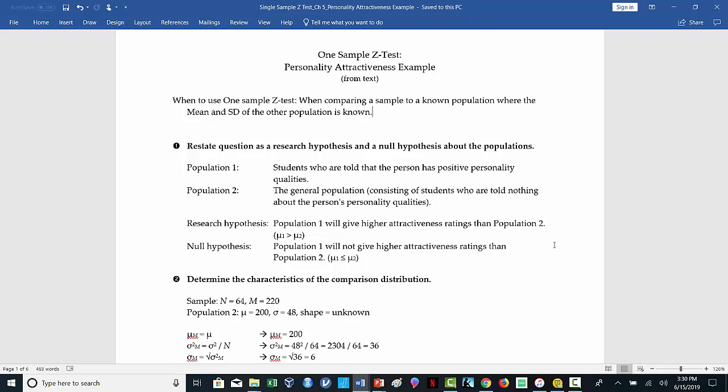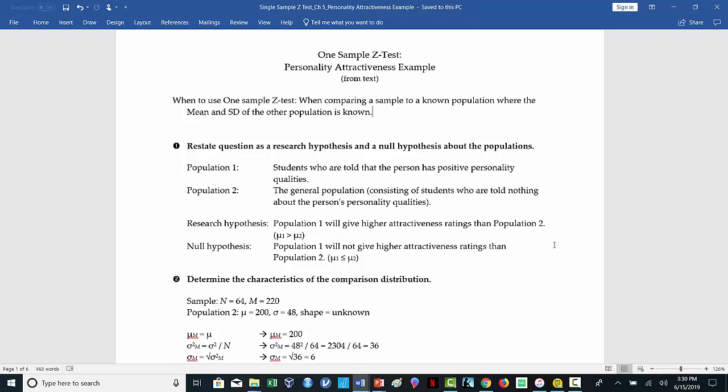It's the students who are told that the person has positive personality qualities. Population two is, let's say, students from the general population that are told nothing about the person's personality characteristics. So in last chapter's example, population two was our comparison distribution.